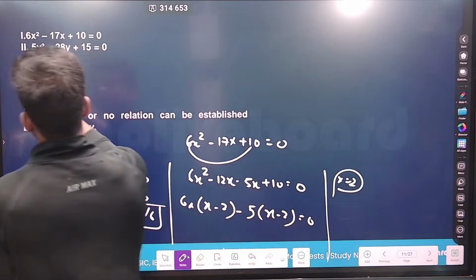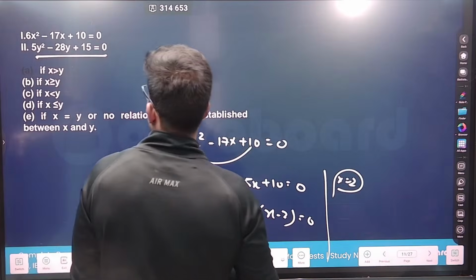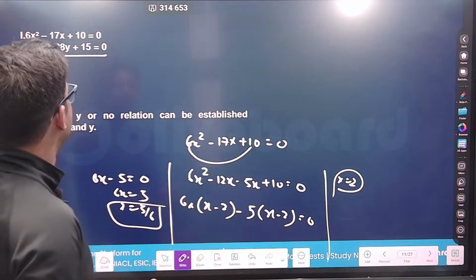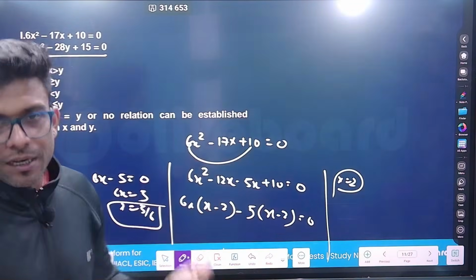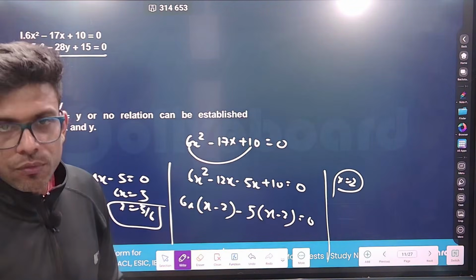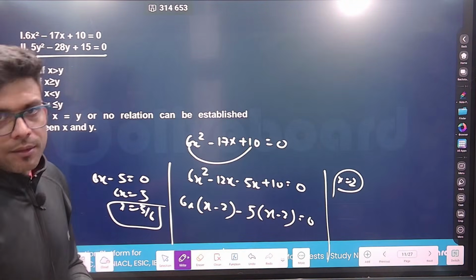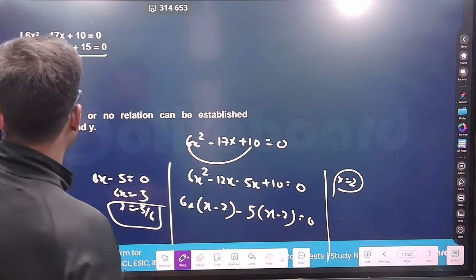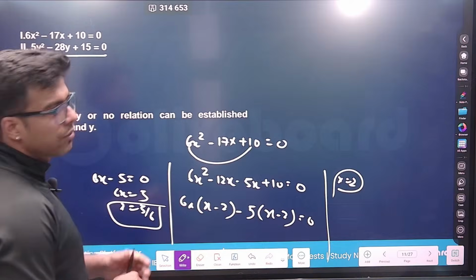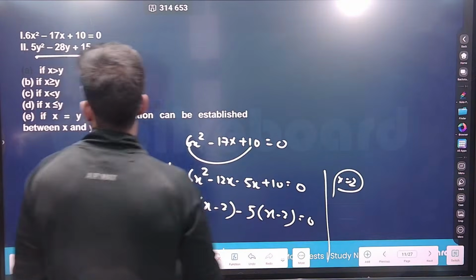Again, this is also taken as positive, which is 5y square minus 28y plus 15. Now you need to crack this out fast, then only you can answer this. Okay, everyone, getting the point? Now 15 times 5 is 75, so you can write 25 into 3, that will also make sense.